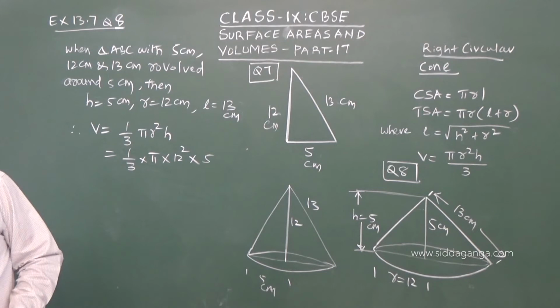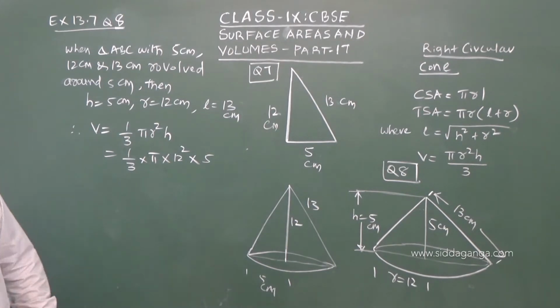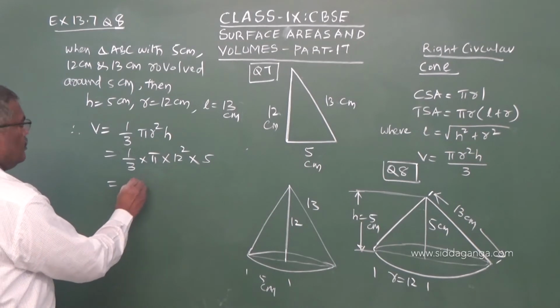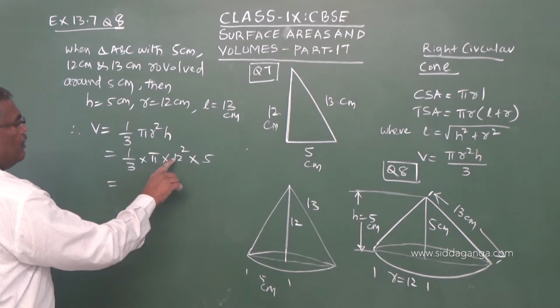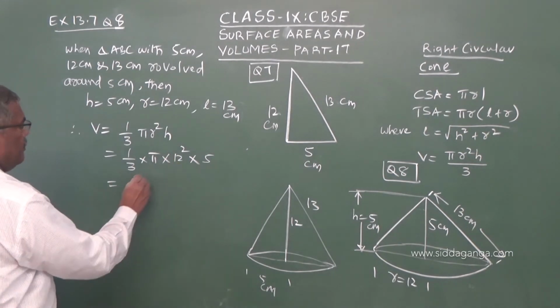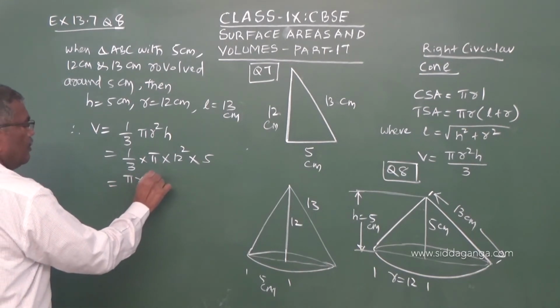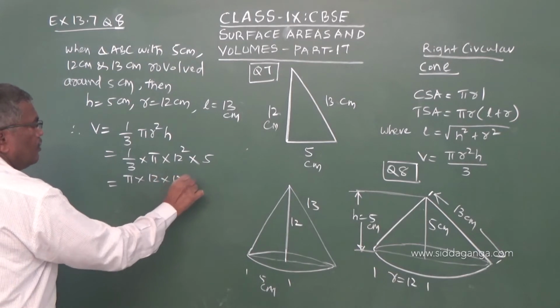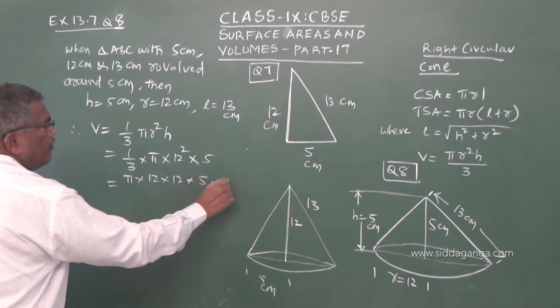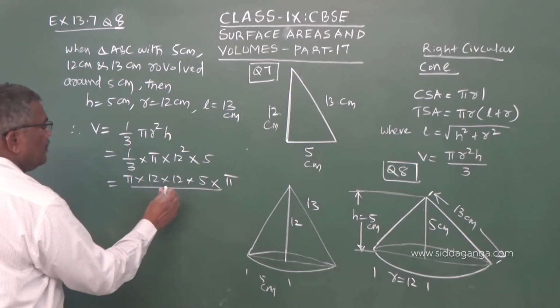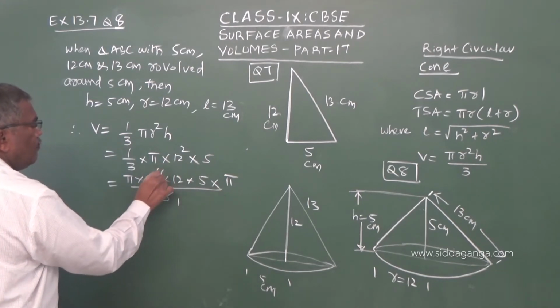So I will write pi into 12 into 12 into 5 divided by 3. 3 fours are 12.